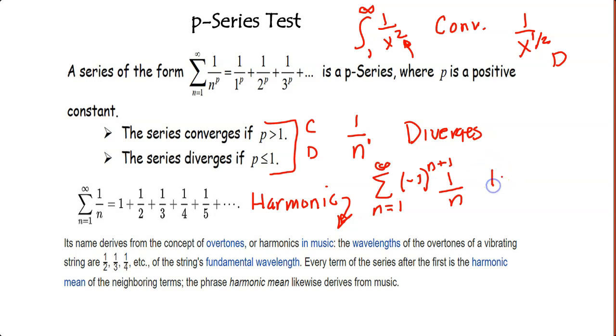We would get a 1, and then we get a half with a minus, and then we get a third, and then we get a negative quarter, and so on. And since these terms are decreasing in magnitude and approaching 0, and they are alternating, then this series converges. So the standard harmonic series diverges, but the alternating version of it converges.